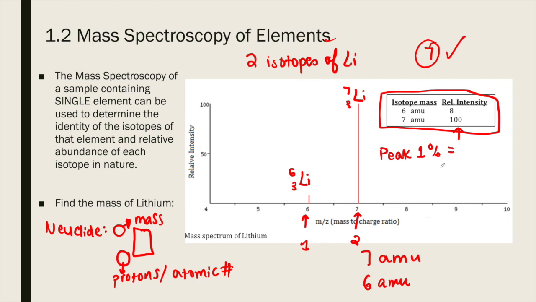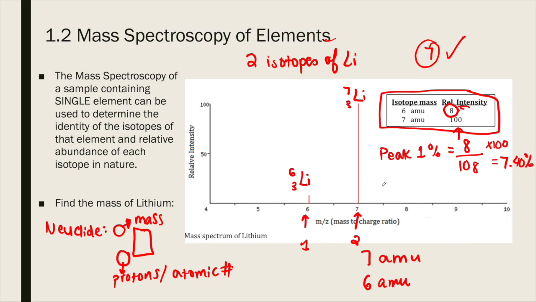We divide part over total, right? The part is 8 and the total would be what? Not 100. 100 plus this 8 because it's total, right? So 108. And we multiply that by 100 and that will give us the percent. In this case, I get 7.40%.